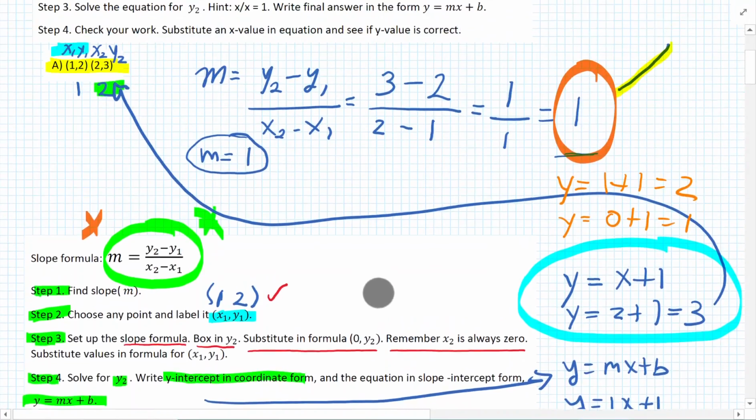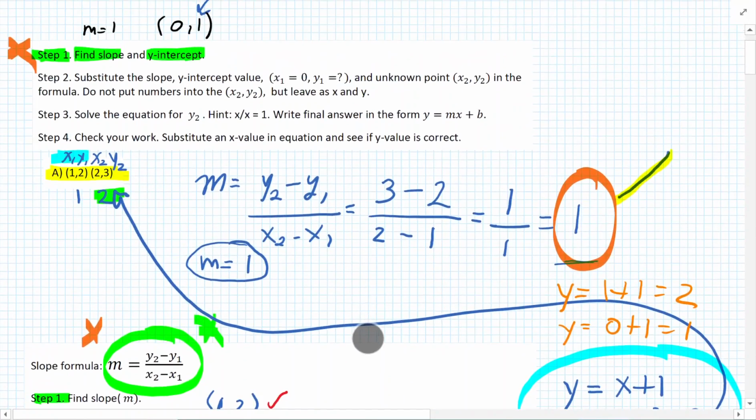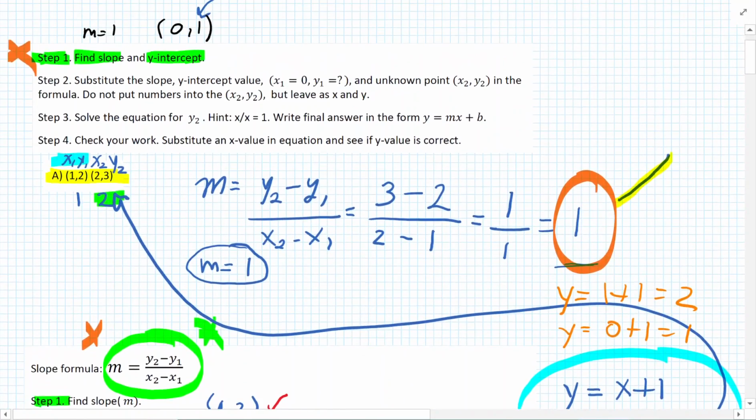So we've done half the problem so far. Right now I know I have a correct slope, I know I have a y-intercept that's right, and we have an equation that we feel comfortable with.